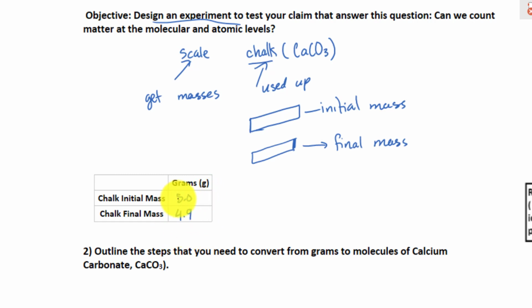All you do is take the initial minus final, which gives us 0.1 grams of CaCO3 used to write your message. So the design of the experiment is that you record the mass of the chalk initially, then you write your message, and then you get the final mass. The difference in the two masses will give you how much mass you used.